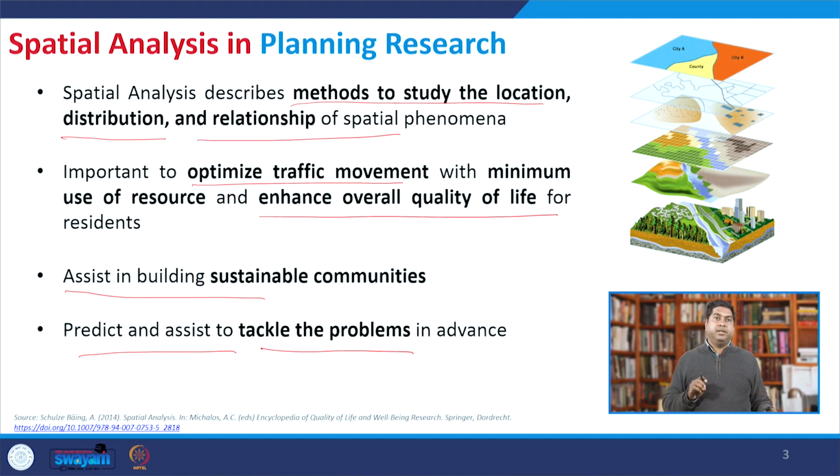Now the main point is why we should do all this analysis. It is important because urban phenomena are not static, they are very dynamic in nature. Over time, settlements can grow. The population is increasing, as we witness everywhere in the country, and along with this increase, you must have observed some reduction in green cover.